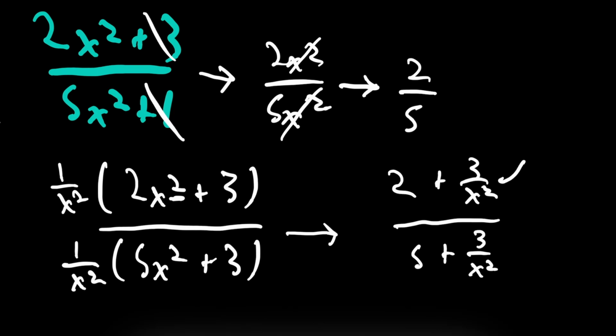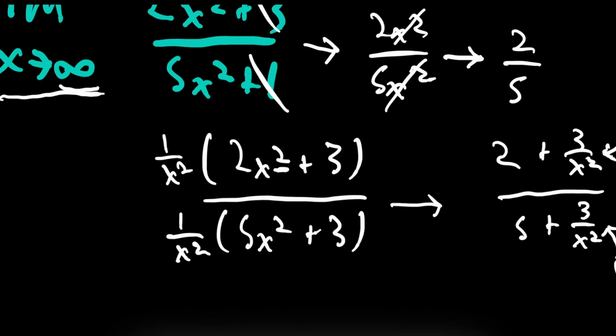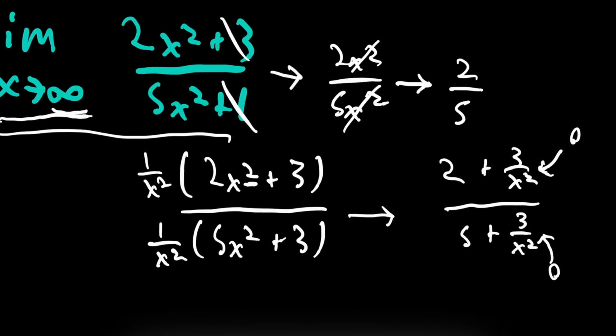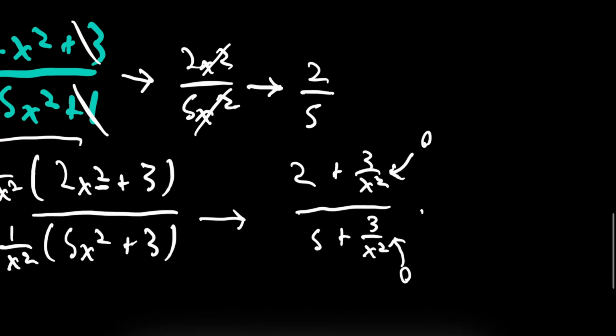So these terms, as x approaches infinity, will end up approaching 0. So 0 here, 0 here. And as a result, the limit as x approaches infinity of (2x squared plus 3) over (5x squared plus 1) will end up approaching 2 over 5.